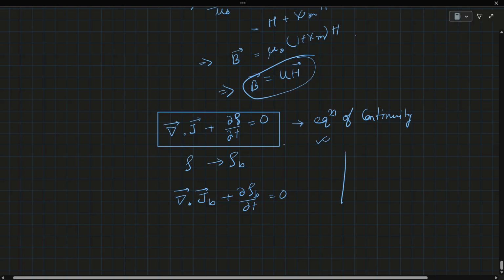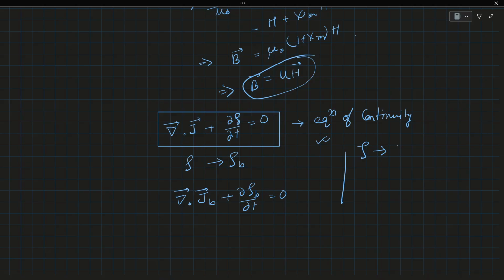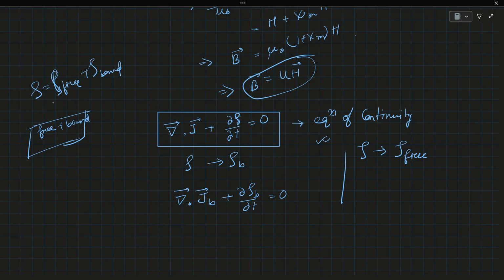If we replace rho by free charge, if we only talk about free charge, let's say this is some dielectric. If there are both bound charges and free charges, then rho equals rho free plus rho bound. If we talk about the total charge density, that means rho, then the equation is like this.